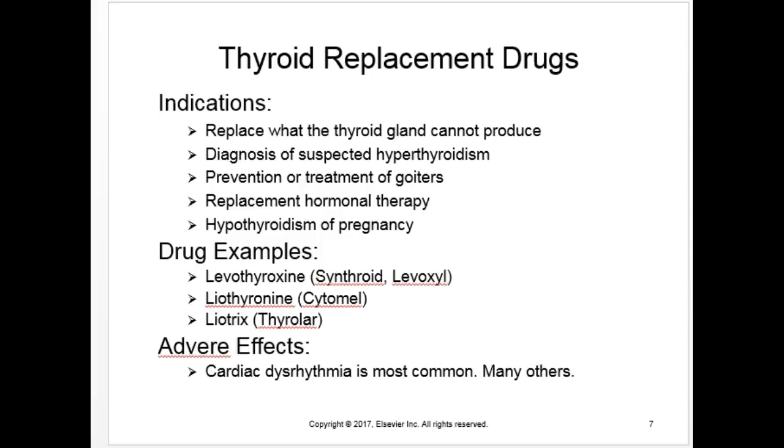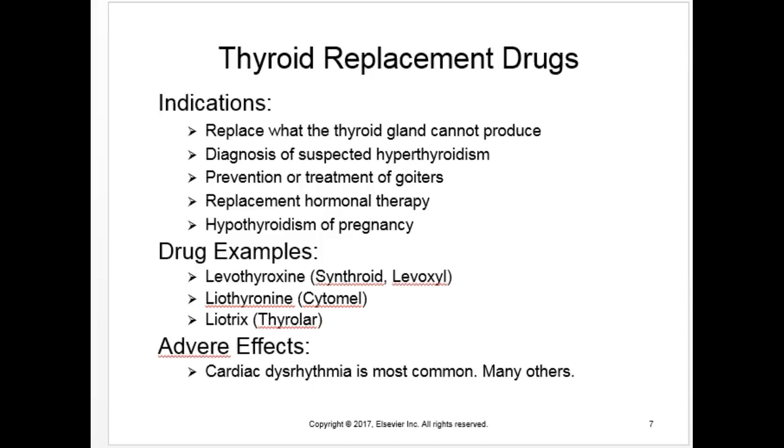Some people are on something called levothyroxine, which is Synthroid, probably the most common. T4 is the hormone that we're most commonly deficient in. And then the other one, liothyronine, Cytomel, sorry, I can't say that today, replaces T3.